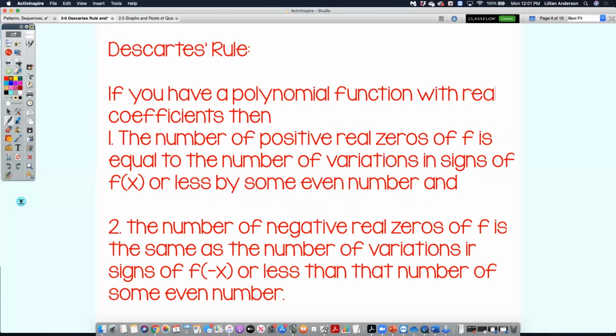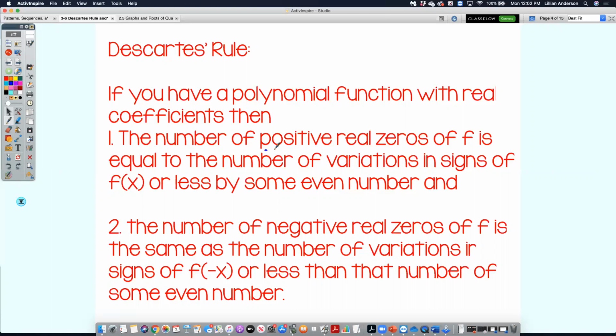Descartes' rule basically says that if you have a polynomial function with real coefficients, then the number of positive real zeros of f is equal to the number of variations in signs of f of x, or less by some even number.